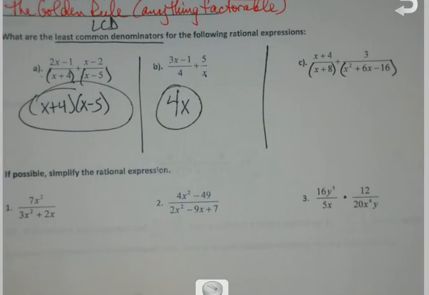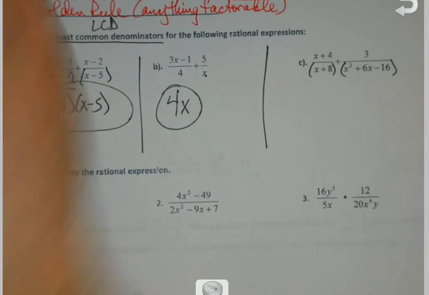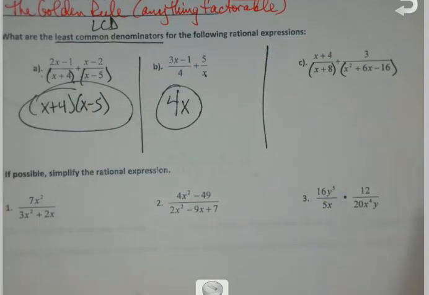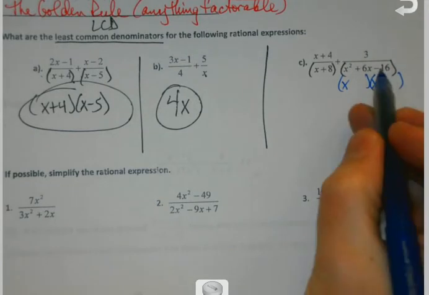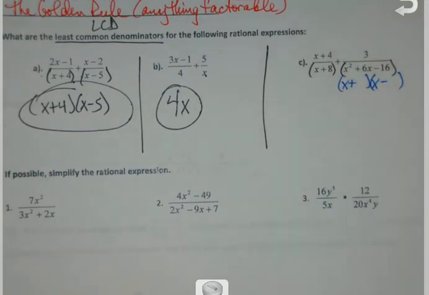So for letter C is my LCD, because I don't see any coefficients, I don't see any single variables. Is my LCD just going to be x plus 8, x squared plus 6x minus 16? No, we got to do a diamond. We got to factor that second one, or at least try to. All right, so let's see. Multiplies to a negative, so I know it's one of each.